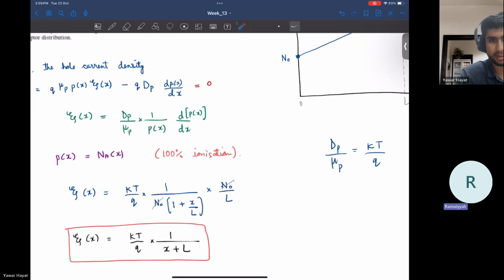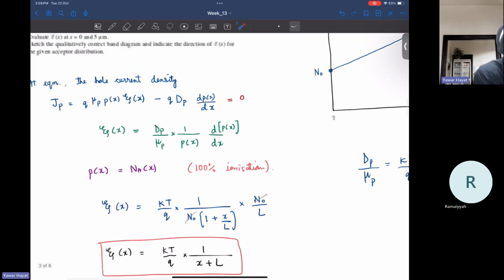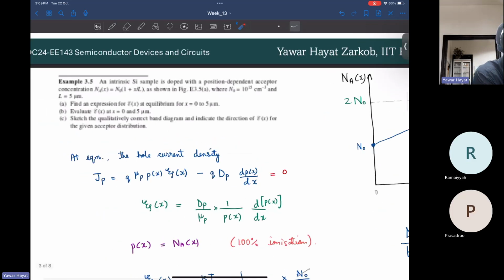Then what was the use of assuming 100% ionization if we had to substitute the given expression? The reason is, if you don't assume 100% ionization, you need an expression for P of X. But in the question, we were given an expression for N_A of X, right? Okay. That is the reason we assumed 100% ionization, to make the process simple.